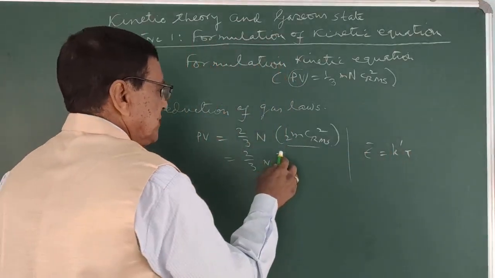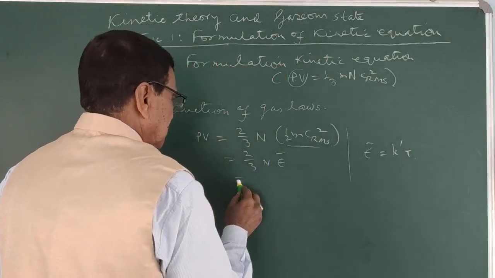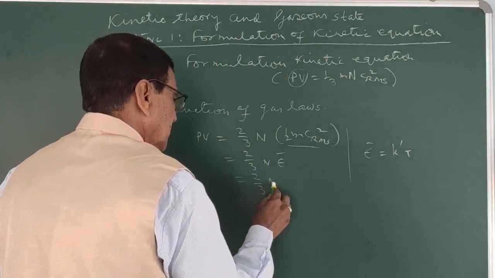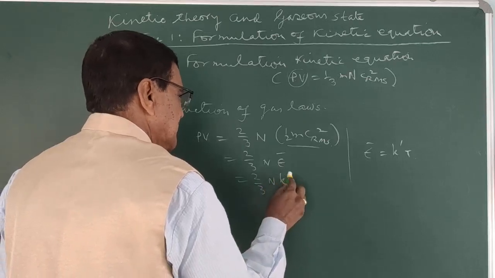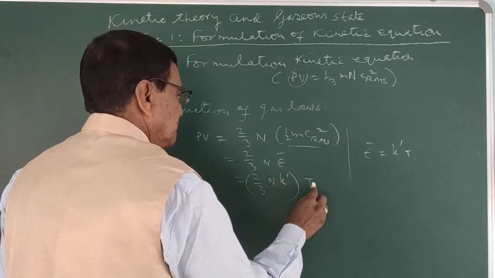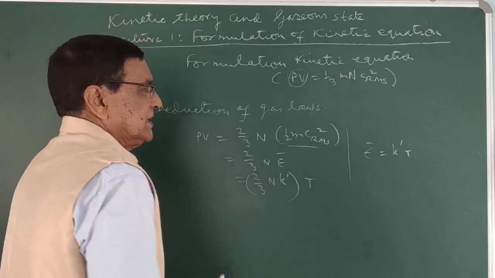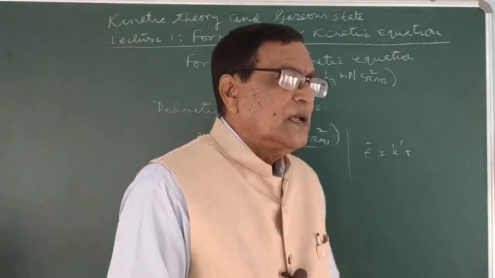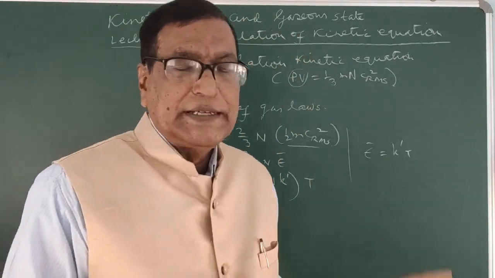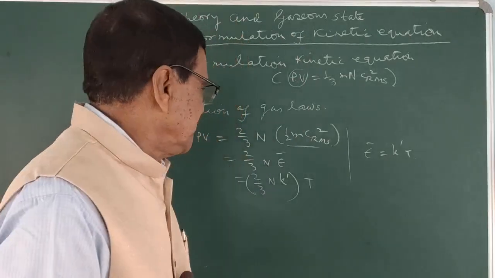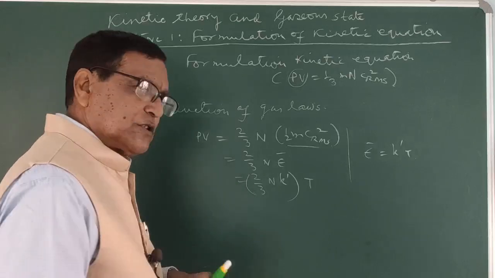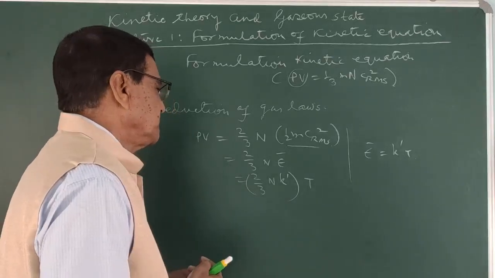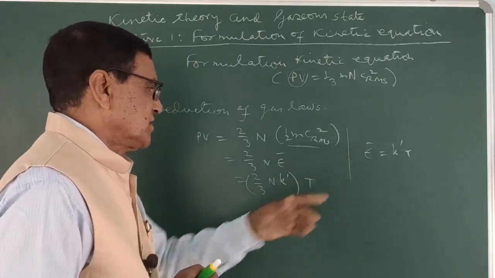So this is 2 by 3 times the total number of molecules present in this vessel and K dash; the term within the bracket is constant.